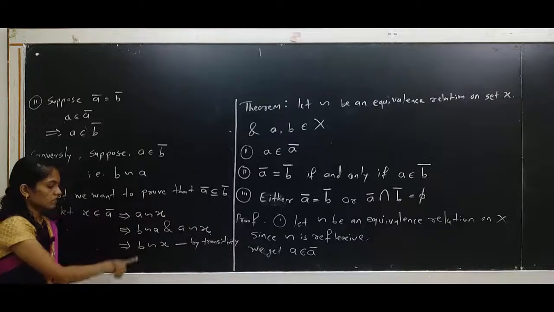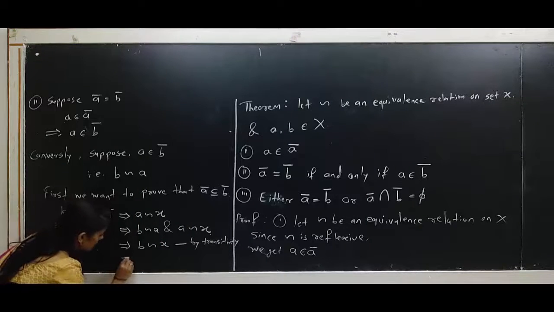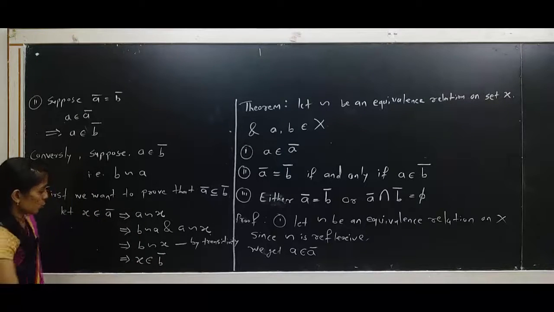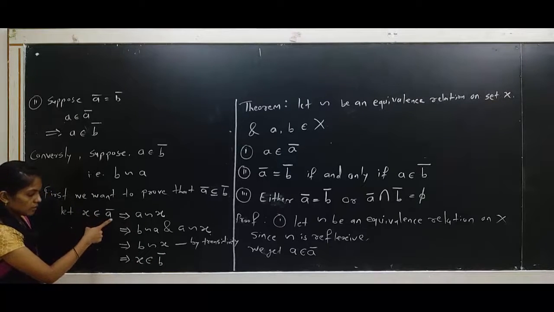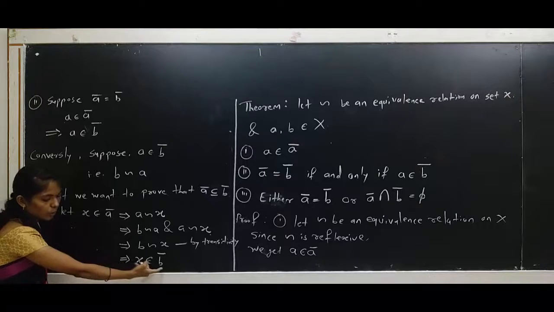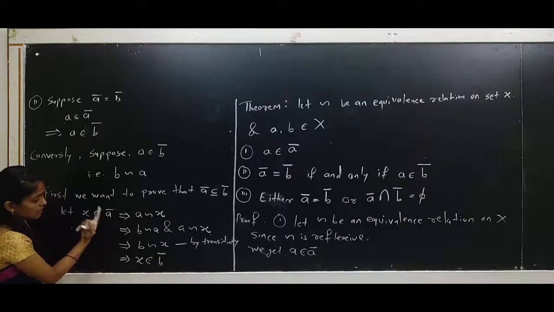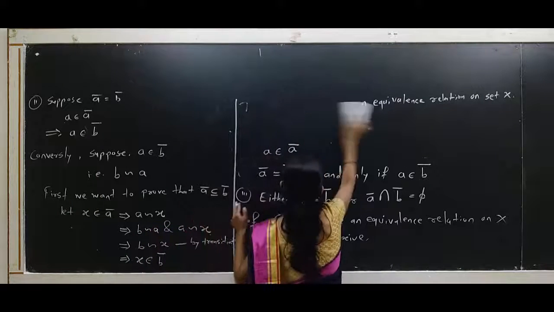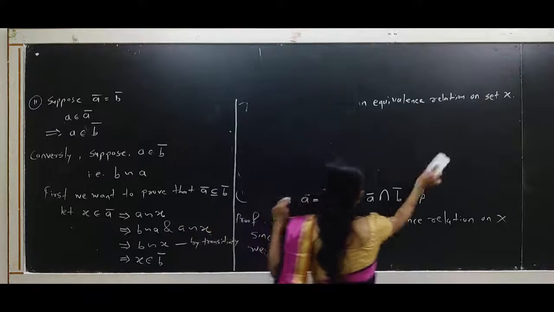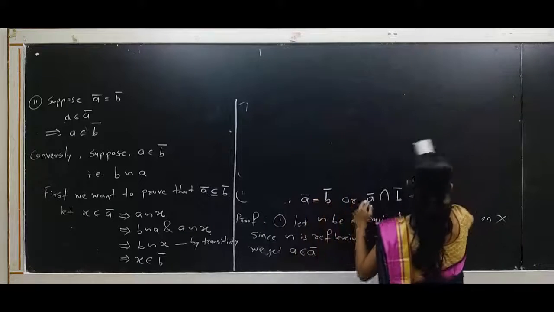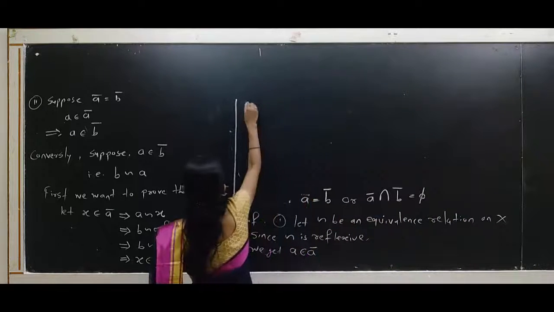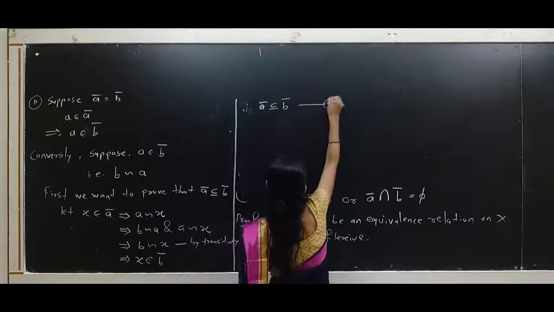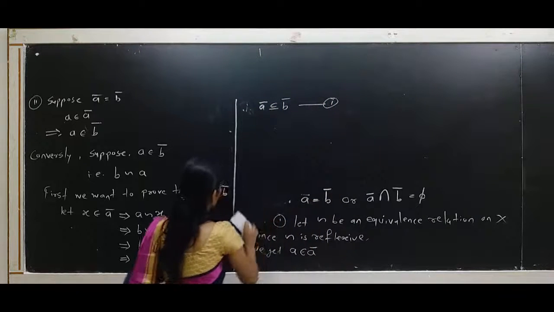That means we get X belongs to equivalence class of B. So X belongs to A bar, we get X belongs to B bar, that is A bar is subset of B bar. Therefore A bar is subset of B bar. This is first point.